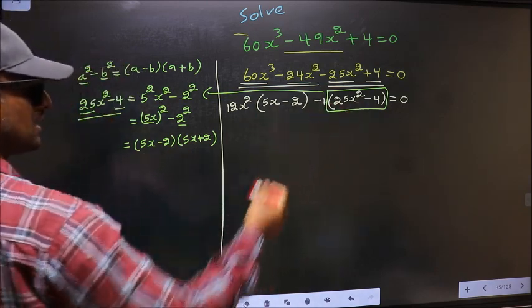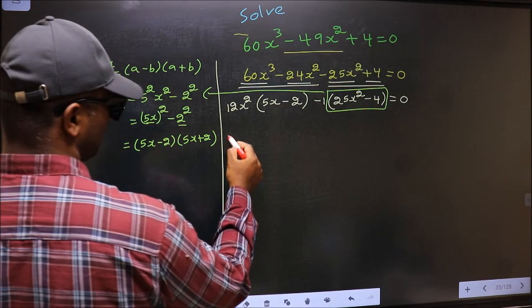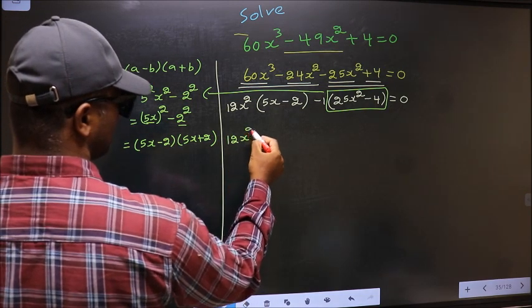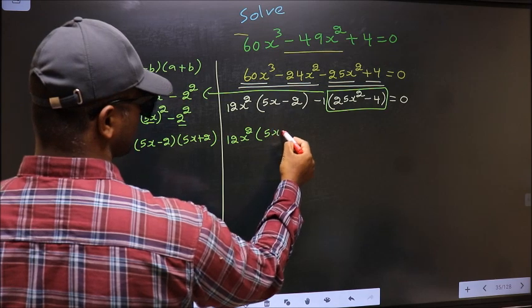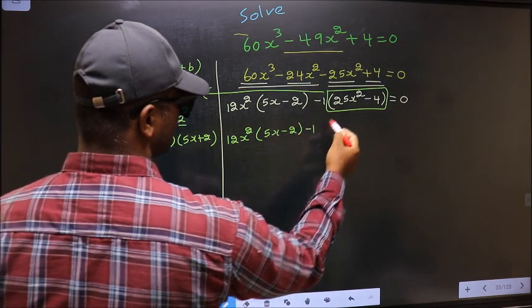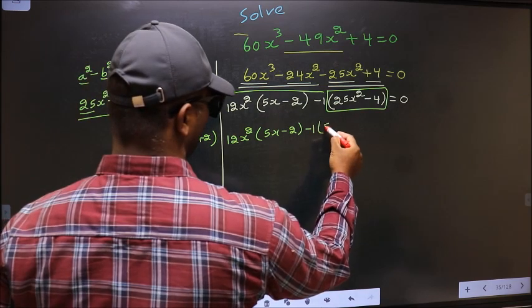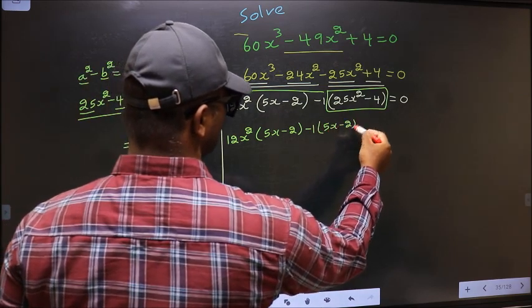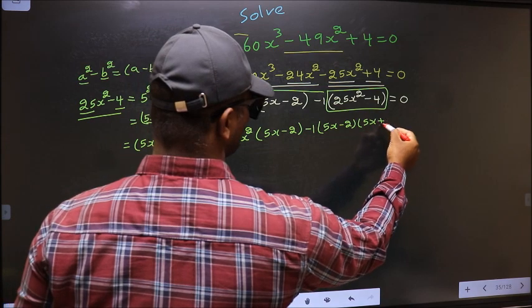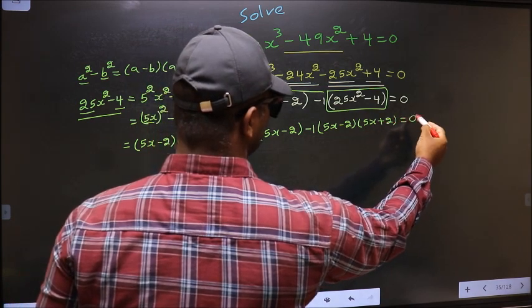So this equation now becomes 12x square, 5x minus 2, minus 1, in place of this one, 5x minus 2 times 5x plus 2 equal to 0.